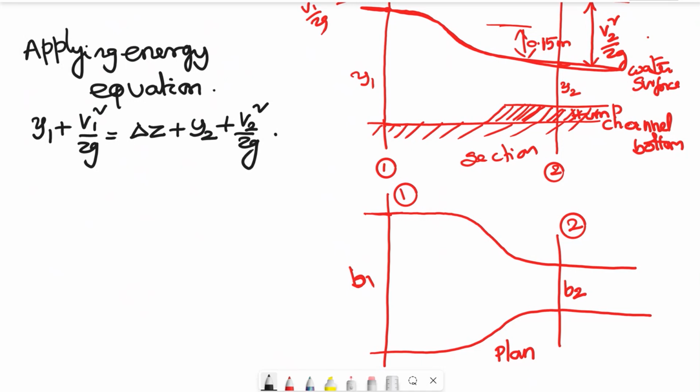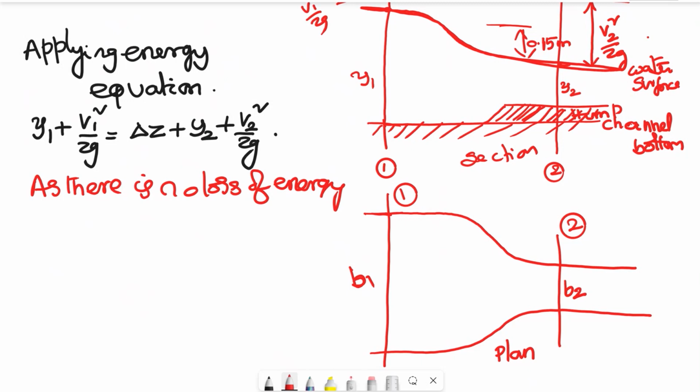Next, as there is no loss of energy, v1 squared by 2g plus 0.15 is equal to v2 squared by 2g.